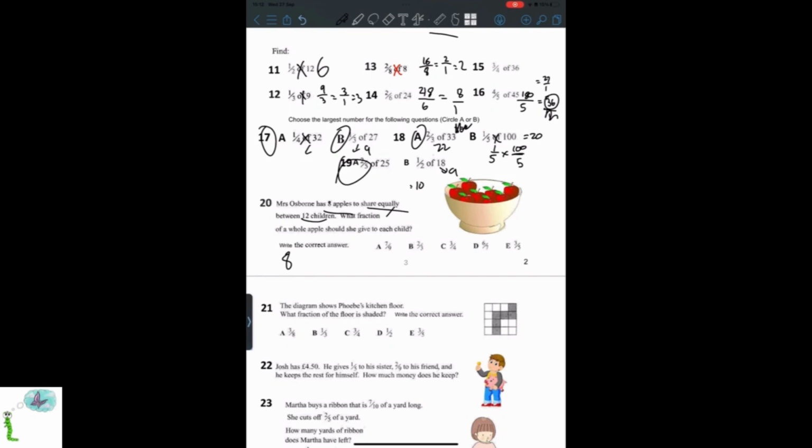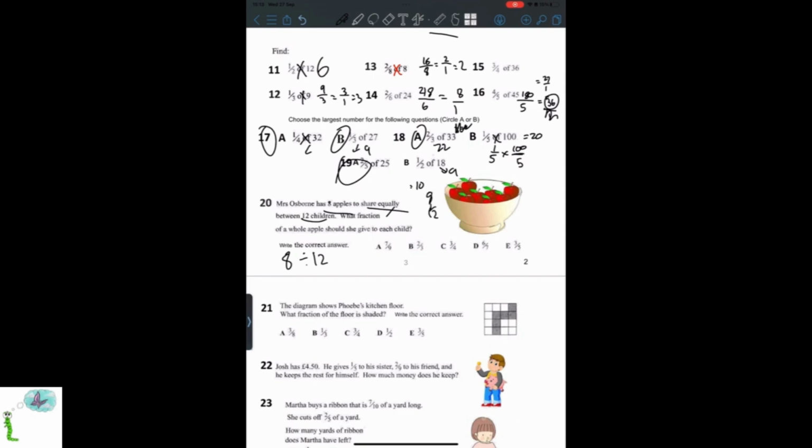So there are 12 kids and you have to divide equally 8 apples between 12 kids.